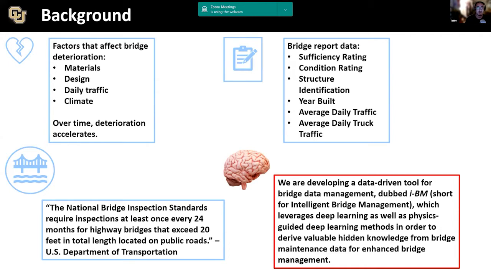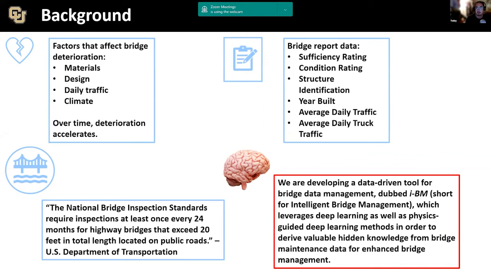And we noticed that every year or every 2 years, on a frequent basis, bridge report data is collected across the United States. This data comes in the form of sufficiency ratings, condition ratings, and daily traffic statistics for certain bridges.